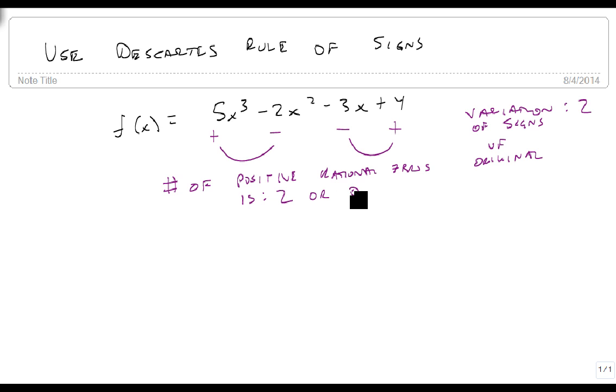So this says that there are either 2 positives or there's no positives. And we'll talk in the next section about why there might be fewer, but it's always fewer in pairs.